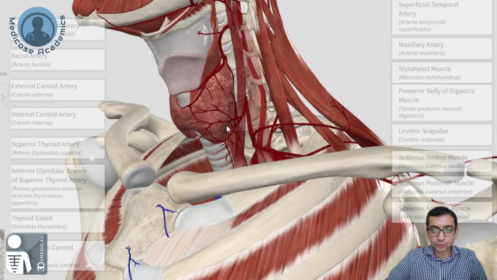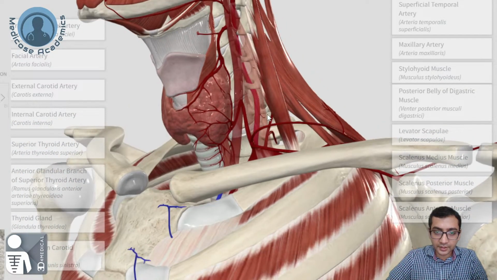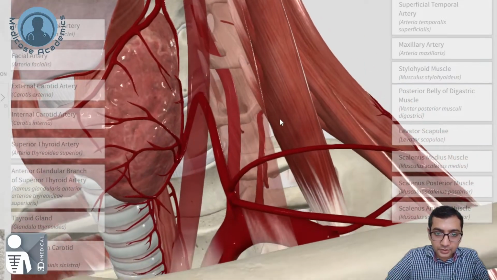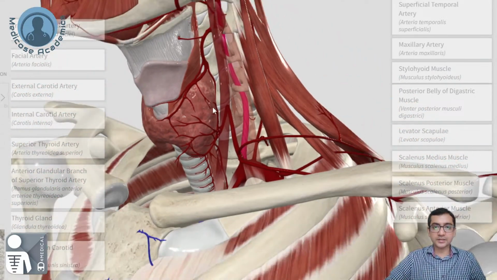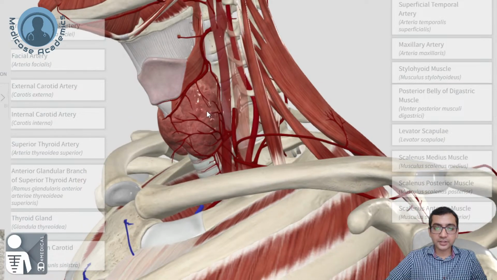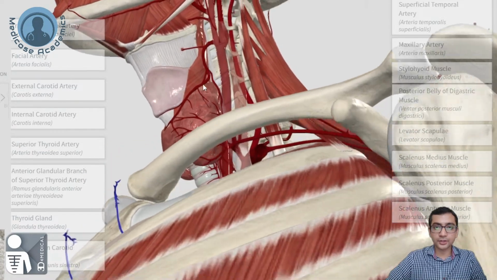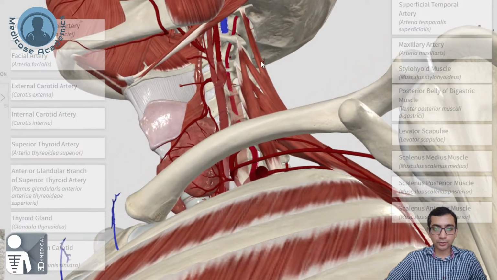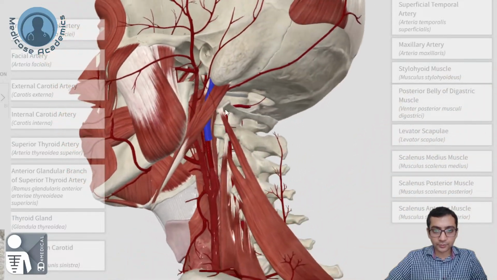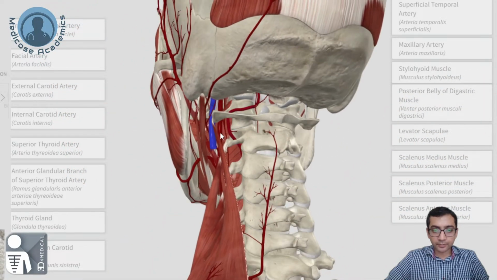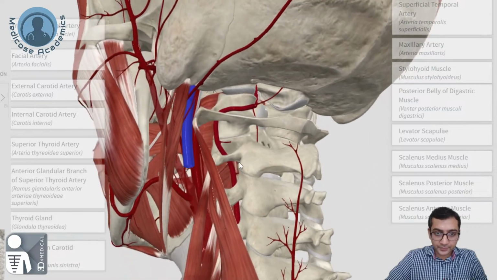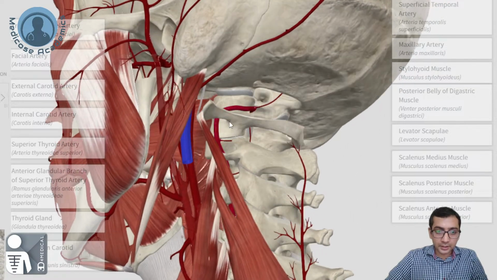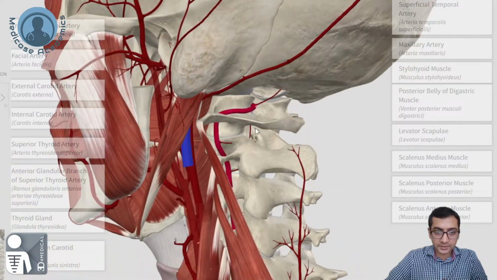You can see it through the scalenus anterior. It is going through the vertebral canals. Here you see it is not passing through the last foramen. It moves through 6, 5, 4, 3, 2, 1, all the way to the top. If you follow it to the top, it makes an outside loop to go into the foramen transversarium.